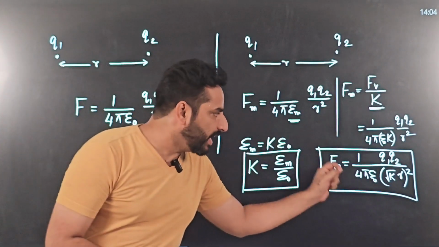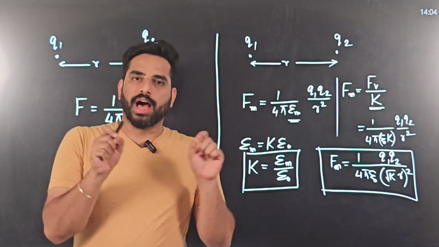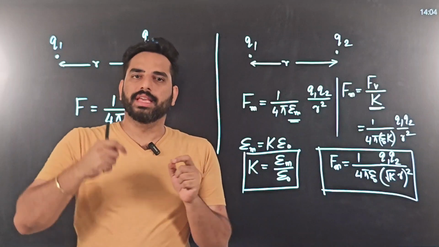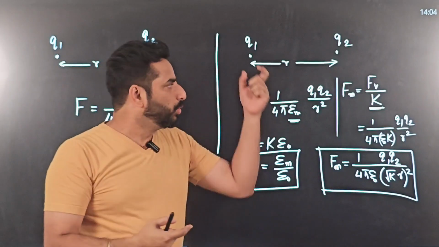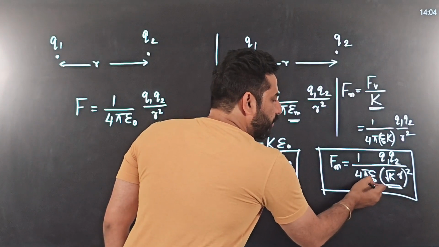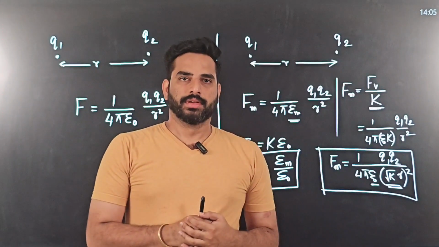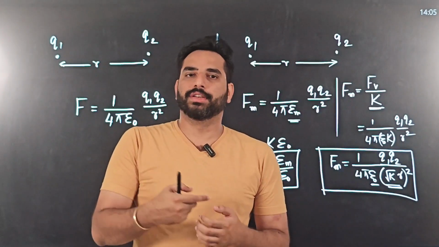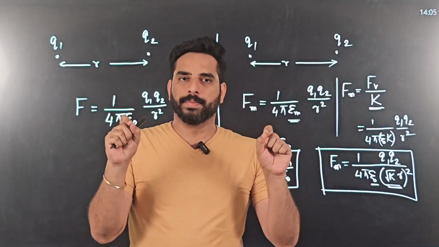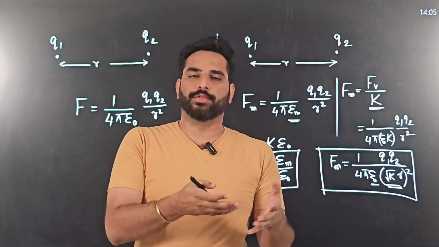This gives us an understanding that when two charges are separated by distance r in any medium of dielectric constant k, it is equivalent to two charges separated by a distance of root k r in vacuum. So this is a very important concept to solve the problem which I mentioned in the beginning of the video. The distance r in a medium is equivalent to a distance of root k r in vacuum.